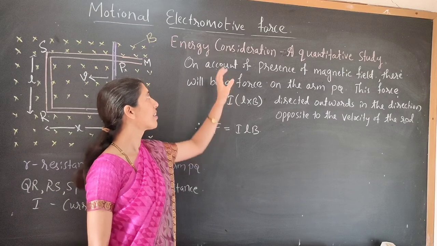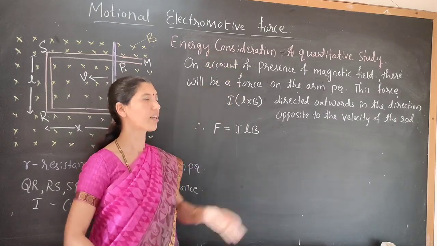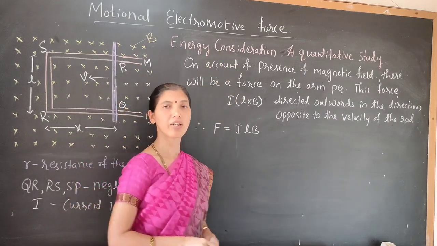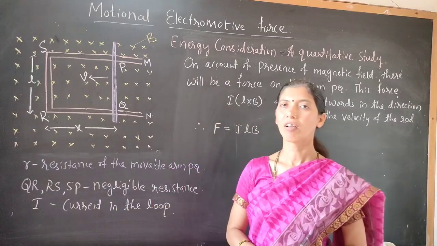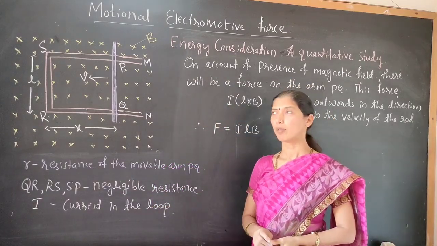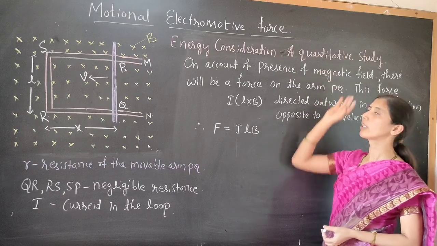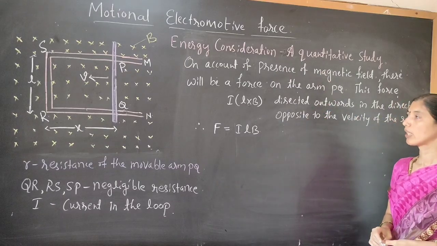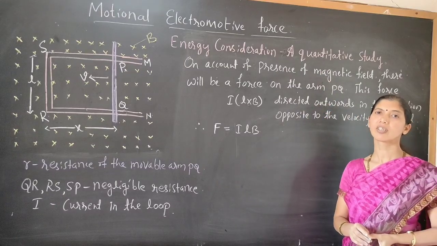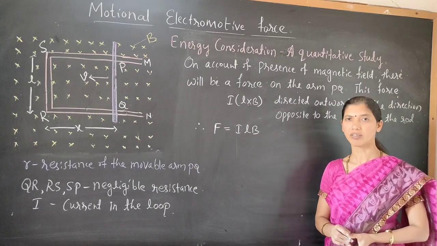Now, let us discuss the energy consideration, which is a quantitative study. Already we have discussed Lenz's law as a qualitative explanation, but here we will discuss the quantitative explanation. Lenz's law is consistent with energy conservation.